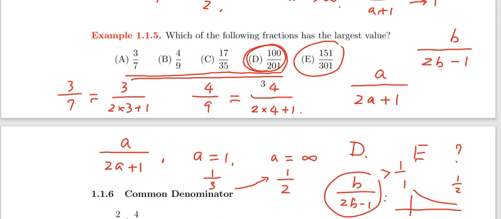From 1 go down, go down, go down. If b equals infinity it is half, so if b is not infinity, it is larger than half. For those numbers that increase from 1/3 to half, they are always less than half, right? So we find this number is the biggest number. E is larger than D.